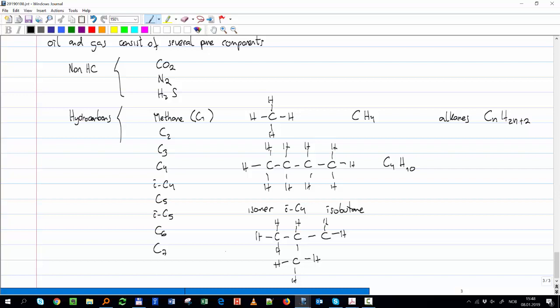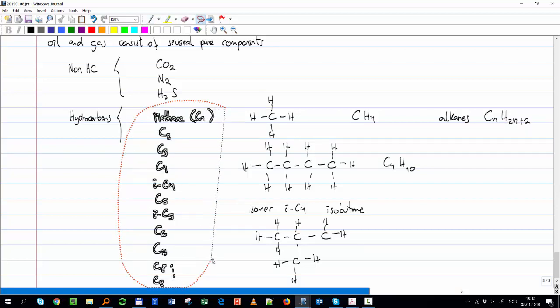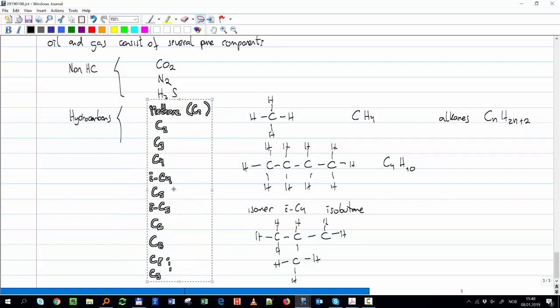C7, C8, and I have more, depending on the crude, maybe all the way to C35, C50, to a very high number.